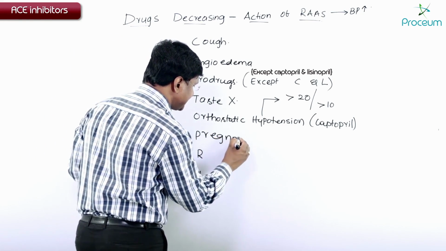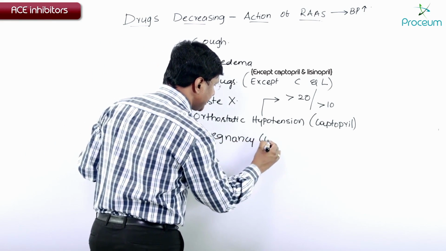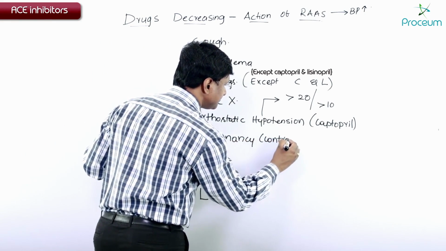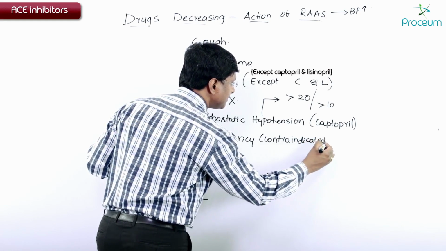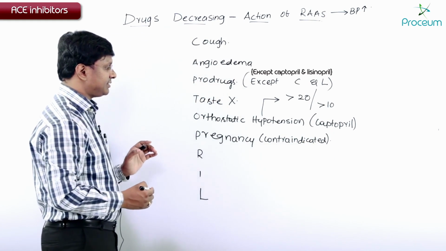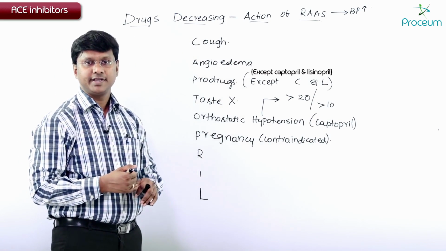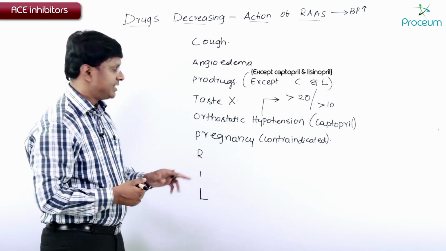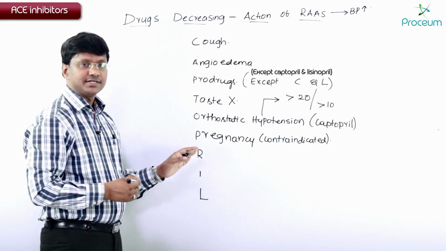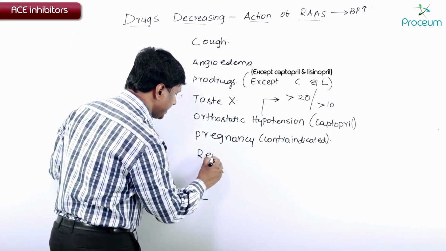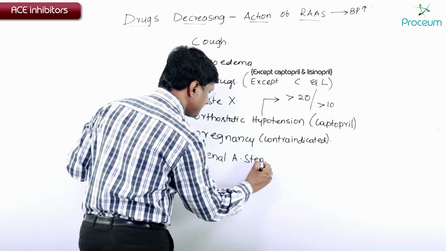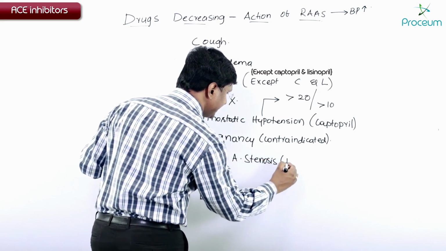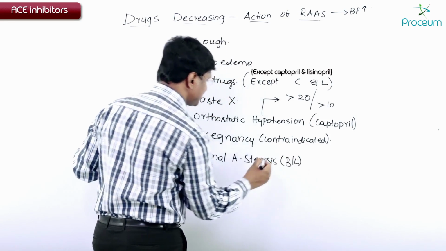All right. Next, you take this particular P, that is pregnancy. Remember, these ACE inhibitors are contraindicated in pregnancy. Next, these ACE inhibitors are also contraindicated in case of bilateral renal artery stenosis.